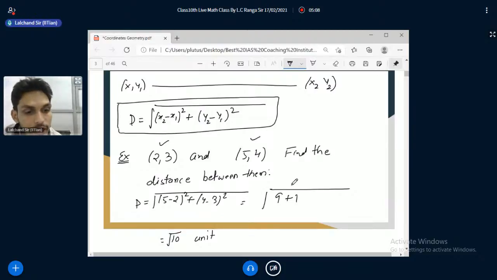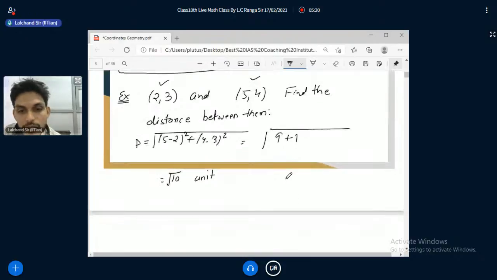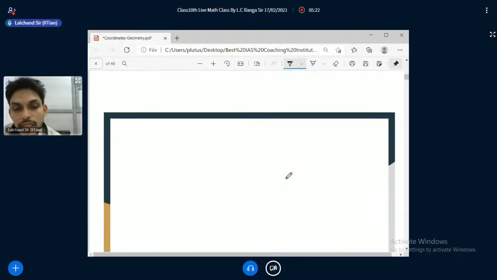Okay. Are you getting up to this distance formula concept, Krishna? Okay. So based on this distance formula, we can apply some applications like collinear points. Can you tell me the condition for collinear points? How do you identify collinear points based on the distance formula?